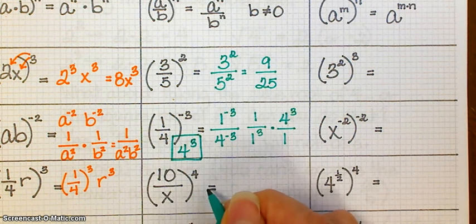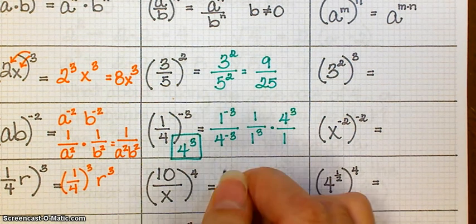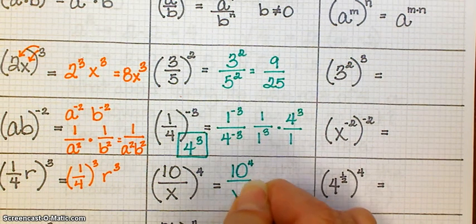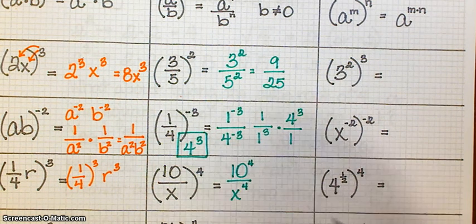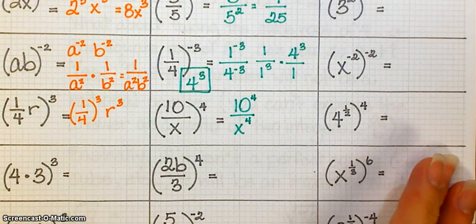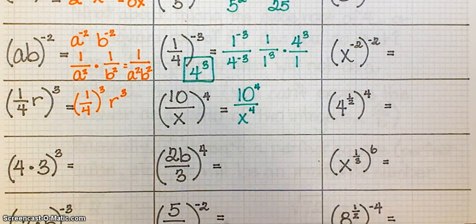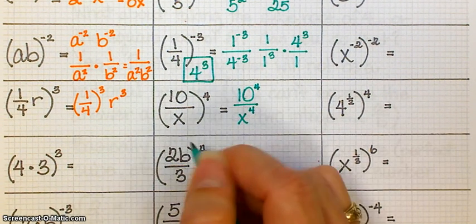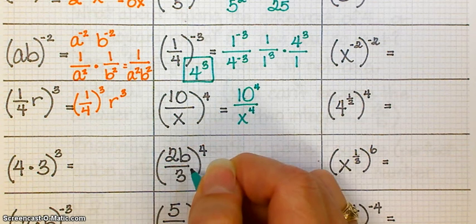Okay. 10 over x raised to the 4th power. That's going to be 10 to the 4th power divided by x to the 4th power. Okay. So the 4 applies to everything inside the parentheses.